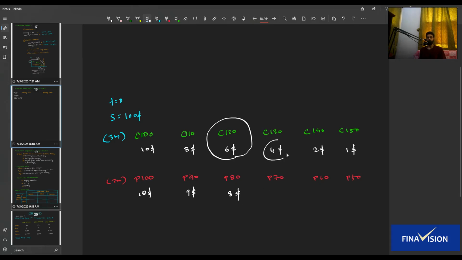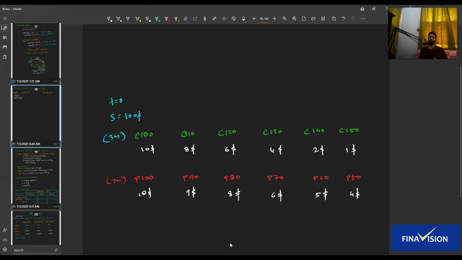P70 is not $4, it is instead $6. P60, let's say, is $5. P50 is $4. So you can see, if you compare $2 with $5, obviously $5 is more. $1 with $4, obviously $4 is more. So this is how this thing plays out. Okay.